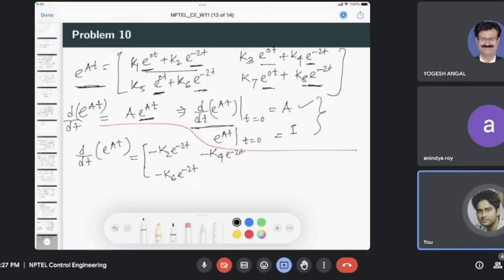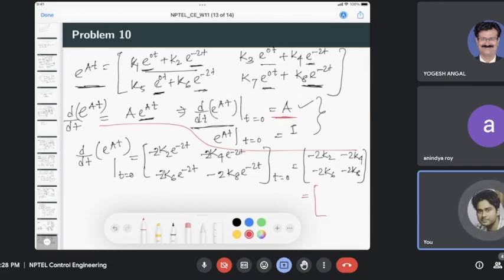Only the second term will contribute: minus 2 k2 e to the power -2t, minus 2 k4 e to the power -2t, minus 2 k6 e to the power -2t, minus 2 k8 e to the power -2t. When we take t equal to 0, it will be minus 2 k2, minus 2 k4, minus 2 k6, minus 2 k8. And from the first property we see that this is equal to A.